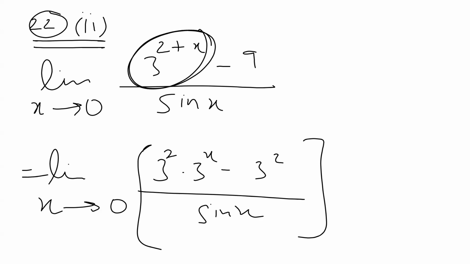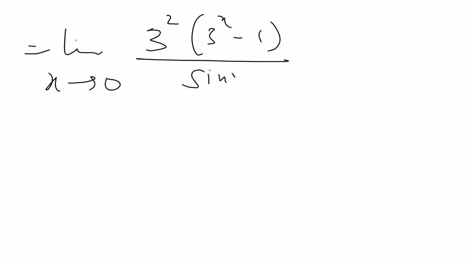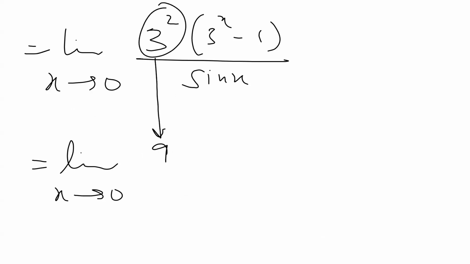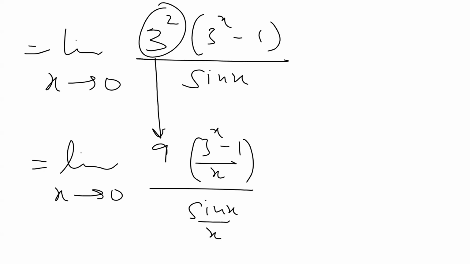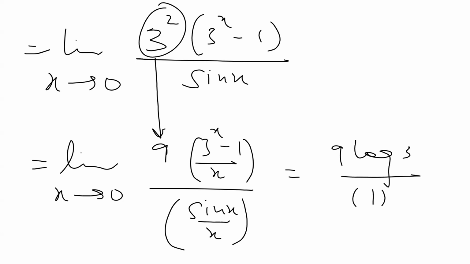Anything common in the numerator? 3 raised to 2. So I'll take 3 raised to 2 common. So this is 9. 9 log 3 upon 1.